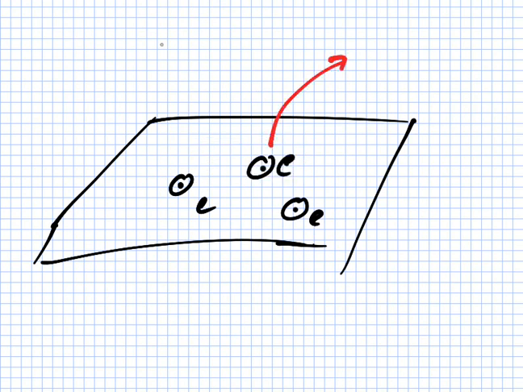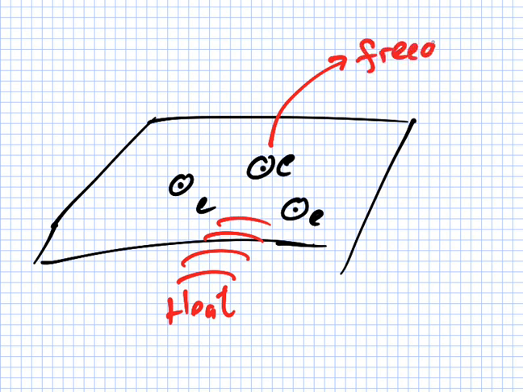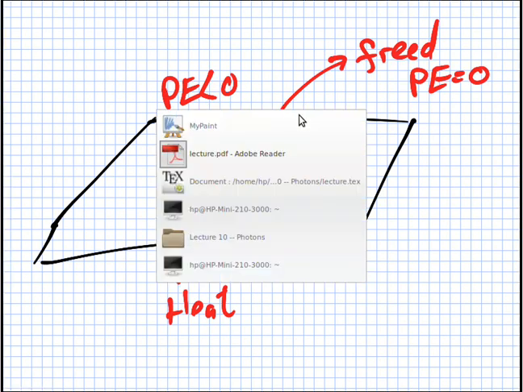So we suggested we could put in some heat. If I put in heat energy, I give the electron the energy it needs, and it can be freed. We say the electron has negative potential energy here, and when it's freed, its potential energy becomes 0. How much energy do we need to give it? That is called the work function.